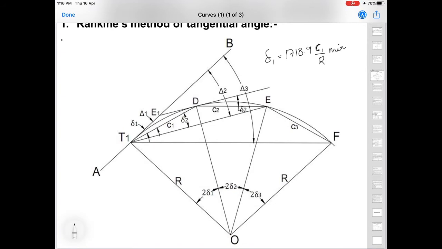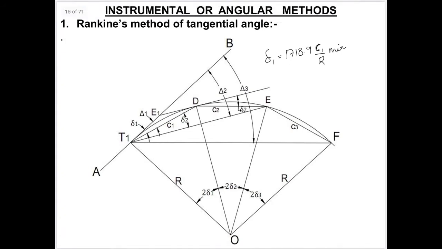The unit is minutes. We have to convert it into degrees if we require. We can find delta 2, delta 3 depending upon the number of chords. So this one is for your first chord C1. Likewise, if we have n number of chords, in this figure we have 3 chords, so we have to go for delta 1, delta 2 and delta 3.